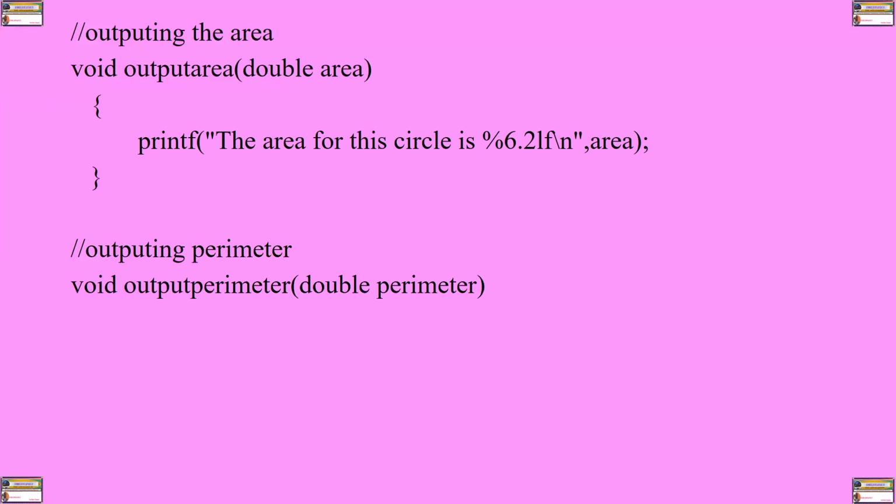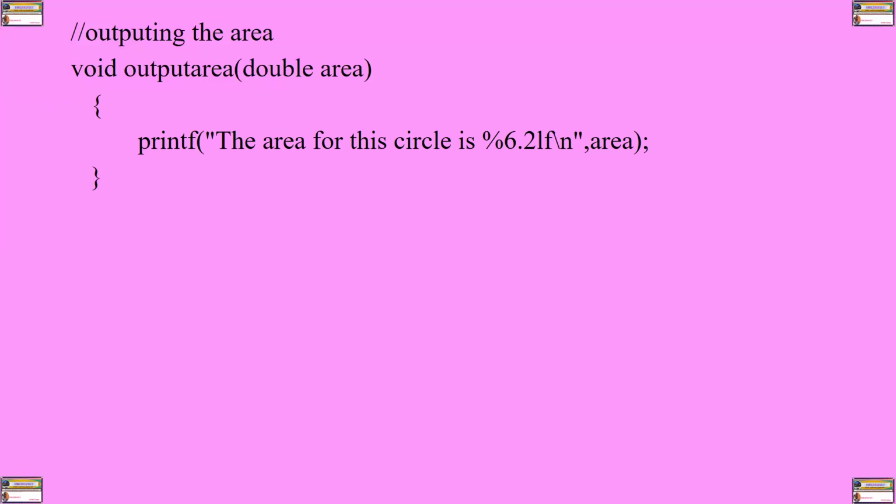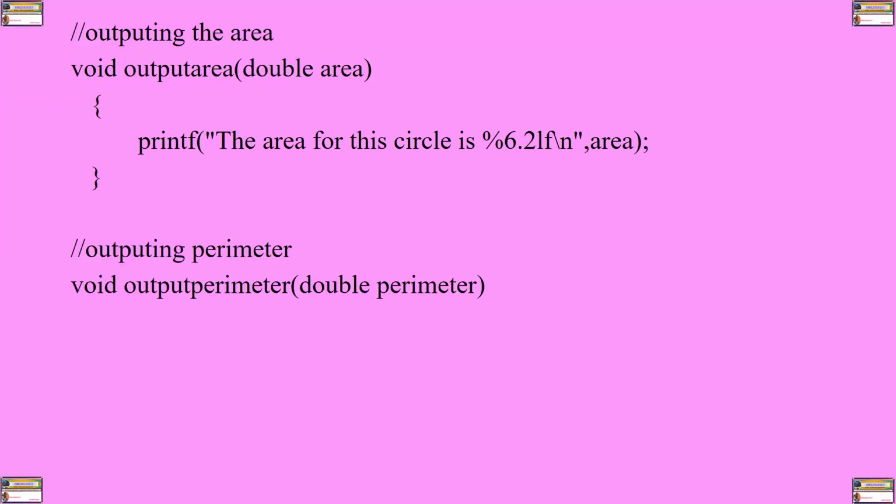The next function is for outputting perimeter. Its name is output perimeter. It's not expected to return any value to the caller. That's why it is of type void. But it is receiving one value, which is supposed to have a decimal point, and that value is going to be held temporarily in a placeholder called perimeter.